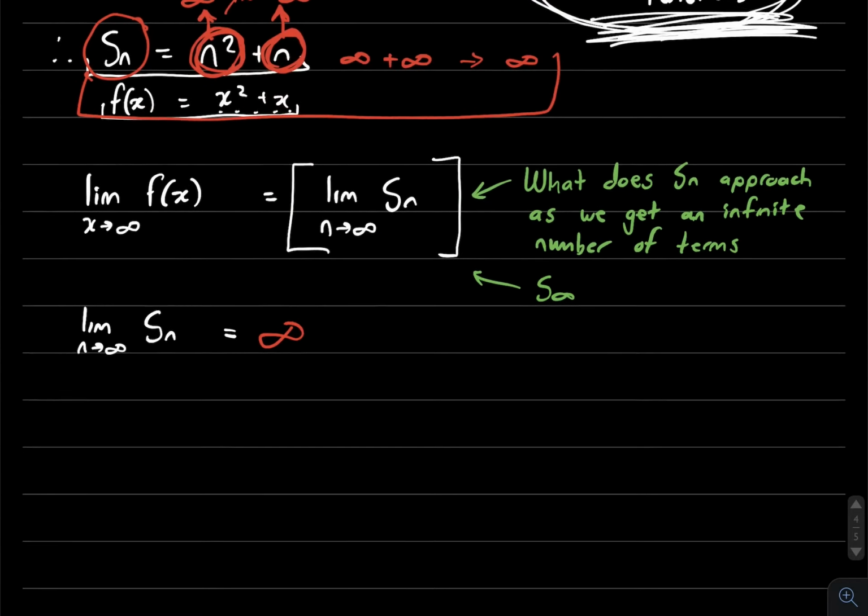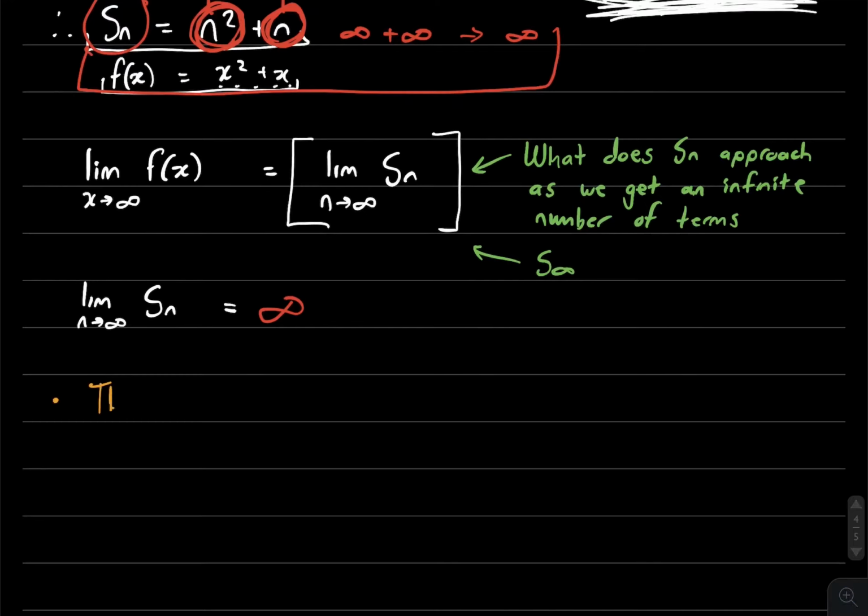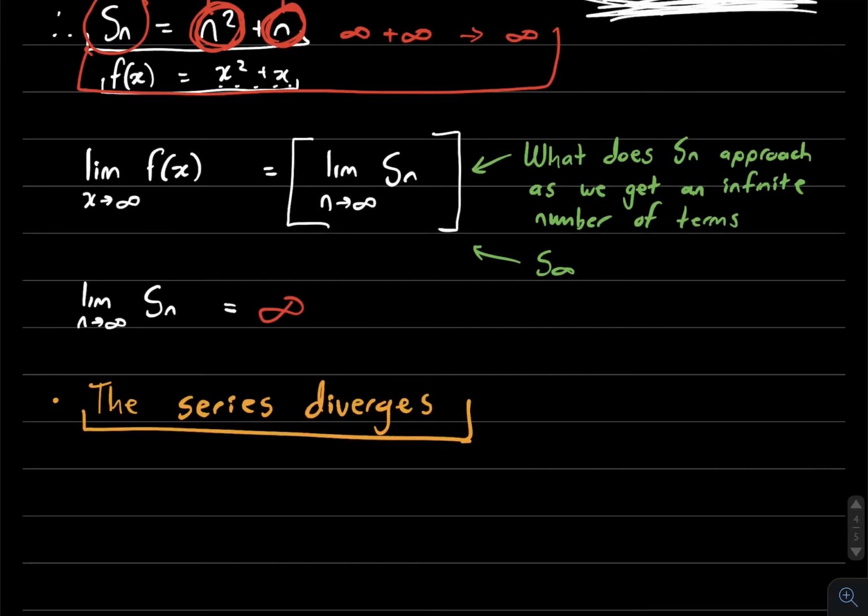We say that this diverges. The series diverges. Okay? That's an important word. So when we say that it diverges, S of n is not approaching a specific number.